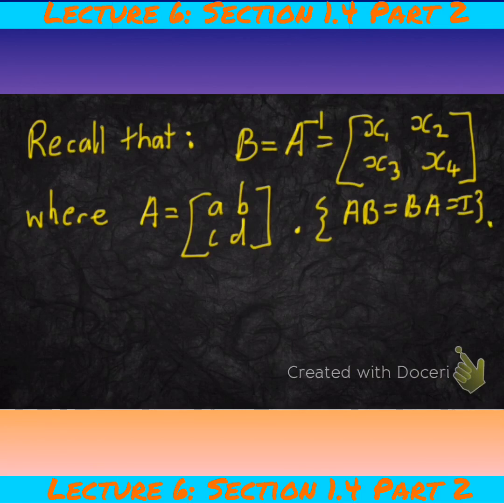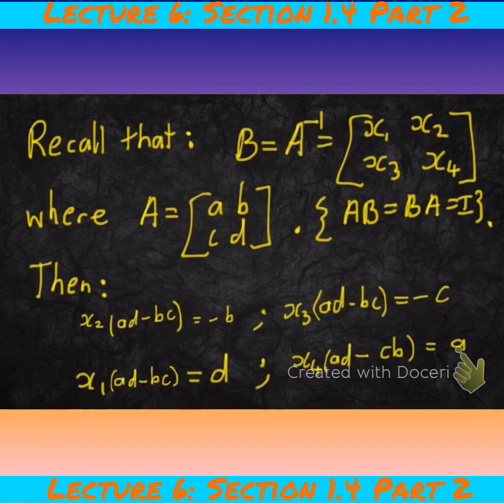And remember, we had 4 expressions that we obtained. Then we obtained these expressions, x2 times AD minus BC was minus B, and we got it from subtracting those equations that we set up.